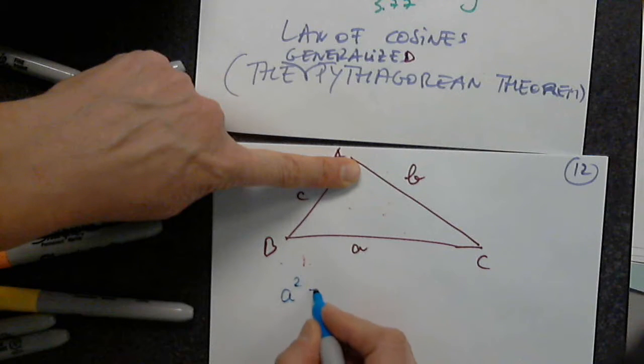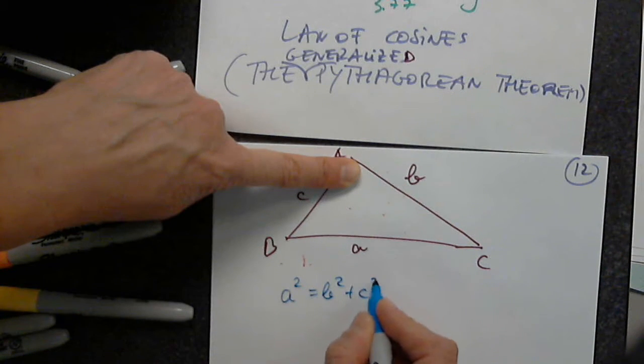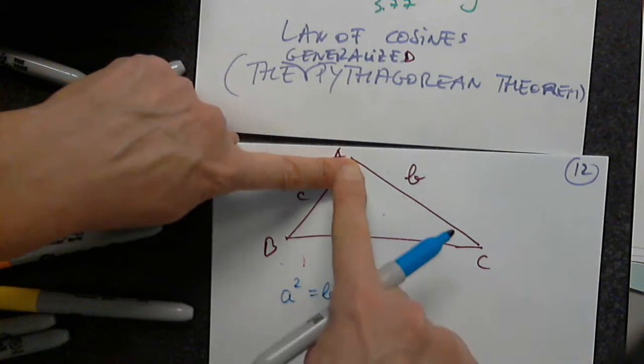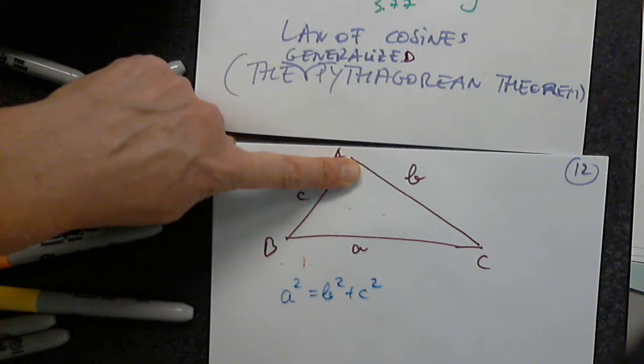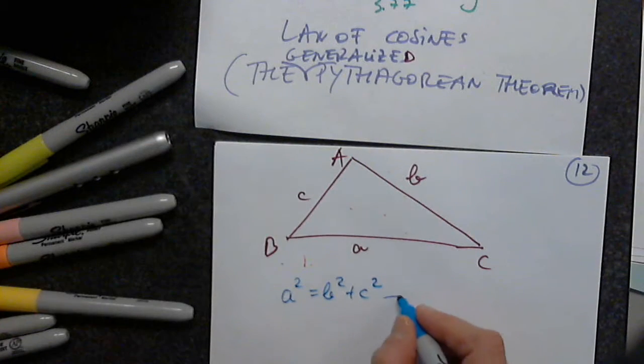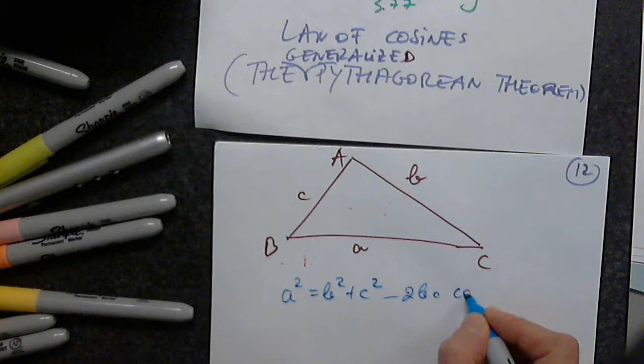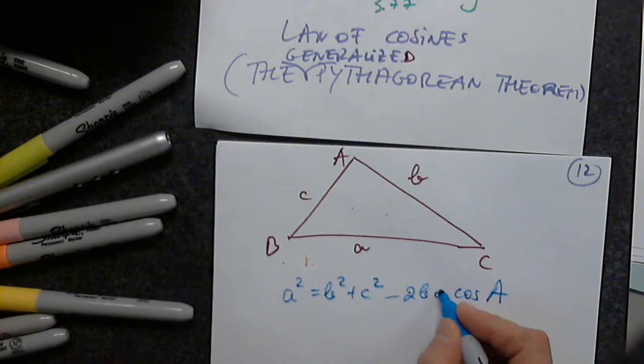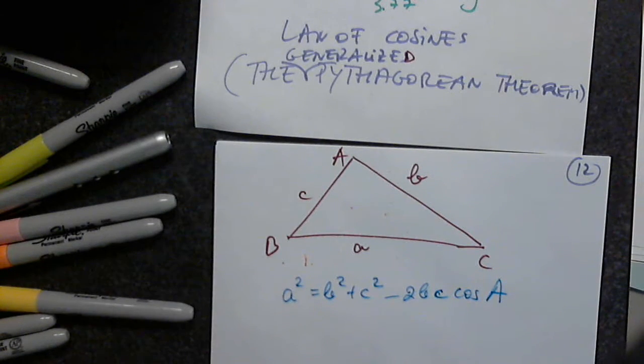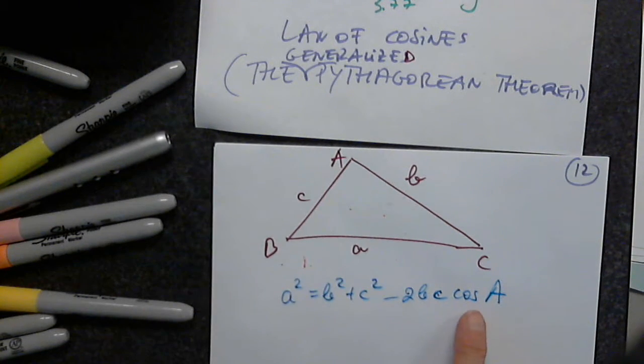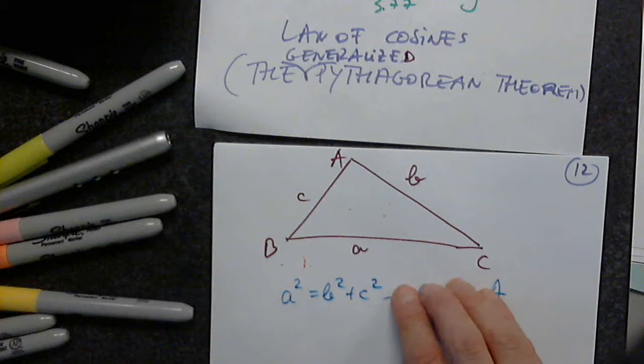Will I write a squared equals b squared plus c squared? Yes, if this is 90 degrees. But it's not, so it's minus 2bc cosine A. If A is 90 degrees, how much is cosine 90? Awesome, so this disappears, and I'm back to the Pythagorean theorem.